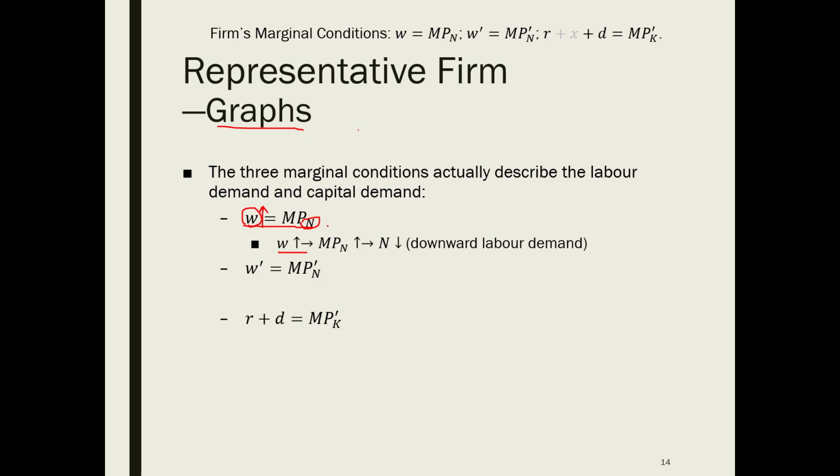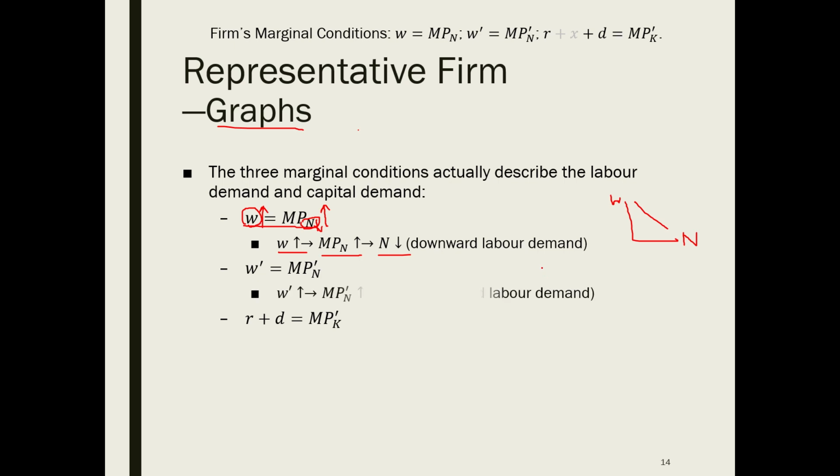To restore the optimality condition, the right-hand side, marginal product of labor, should rise as well. According to the diminishing law, labor demand must drop to have a higher marginal product of labor. To summarize, a rise in wage is associated with a drop in labor demand. Therefore, the shape of the labor demand curve is downward sloping.